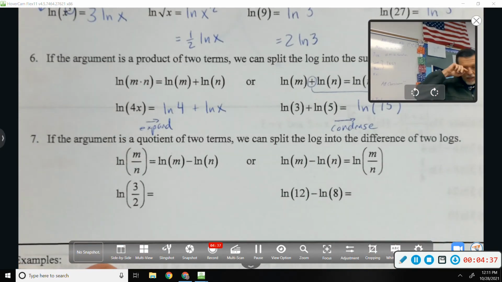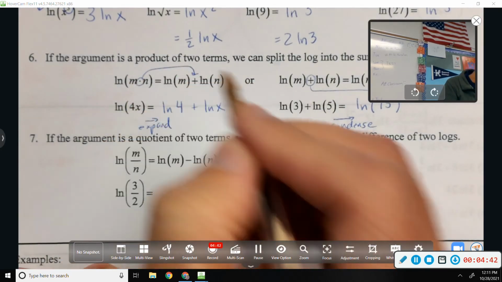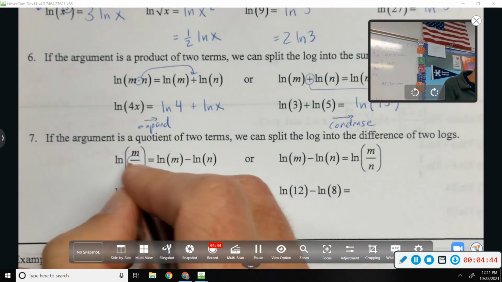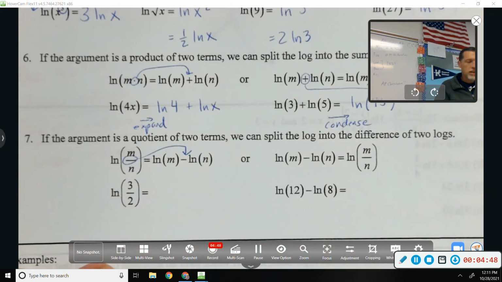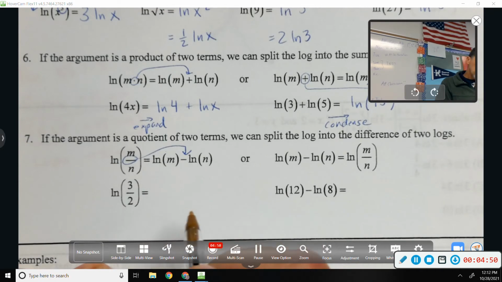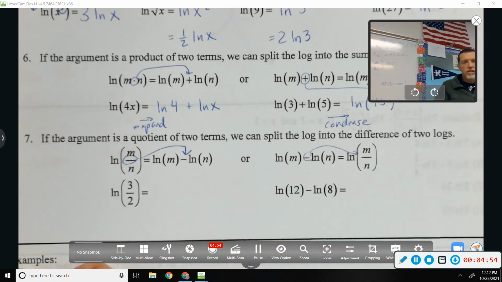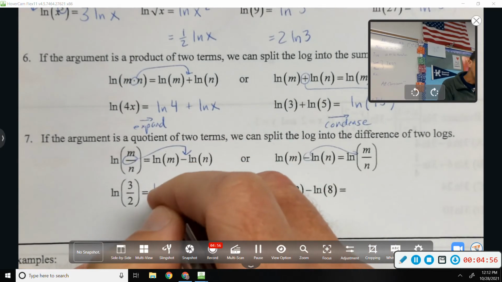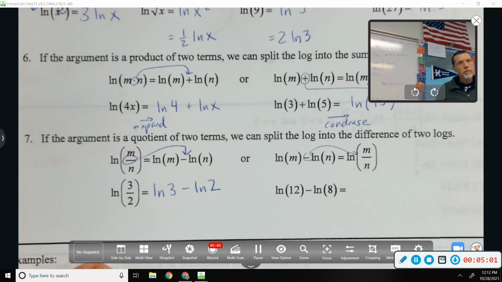Number 7, if multiplication leads to addition, I think it makes sense that division leads to subtraction. Or subtraction leads to division. They kind of go together. So natural log of 3 halves would be the natural log of 3 minus the natural log of 2.